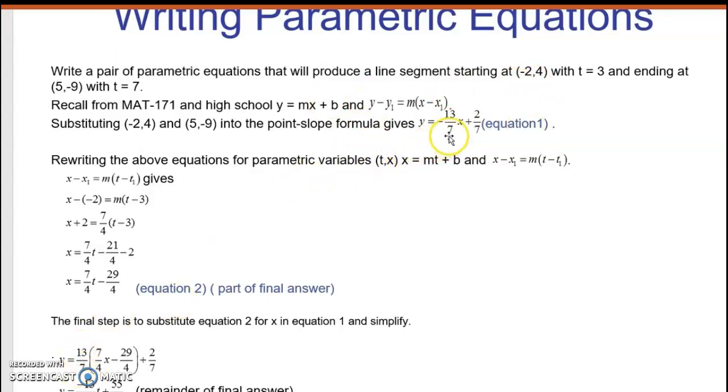And in place of x, you substitute what you just found x to equal in parametric form and simplify. After doing so, you find that y equals negative 13/4 t plus 55/4. And the problem is complete because we have our parametric equations. We know what x is equal to in terms of t and what y is equal to in terms of t.